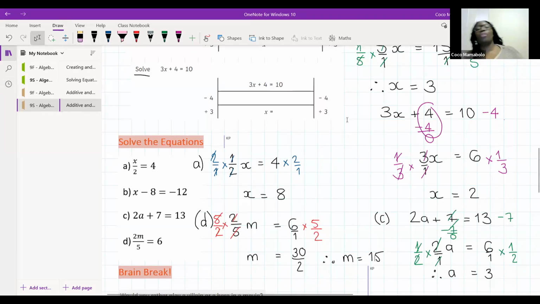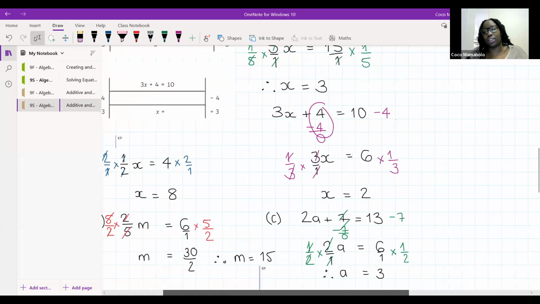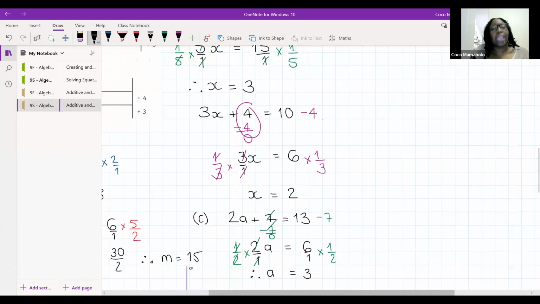All right, so for those of you who are like, I used a different method, 100%. I want you guys to be able to look at it with numbers and use it. But this particular method that we're using is very important. Later on in grade 9, I'm going to give you a sum that looks like this: 4x plus b over 3 is equal to y.